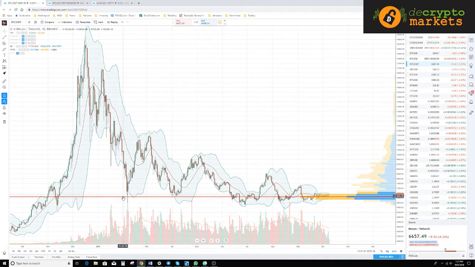What are the indications of a bear market? Lower lows. What are the indications of a bull market? Higher highs. Trends, if you're following just a trend, you're looking for higher lows. If you're looking for trends to show you a downtrend, you're looking for lower highs.